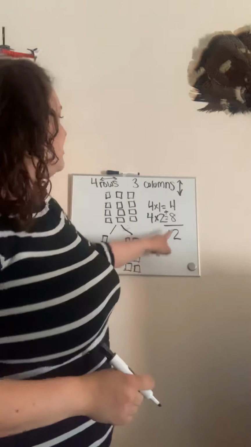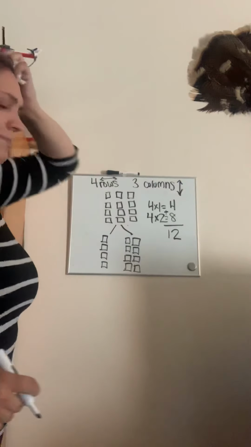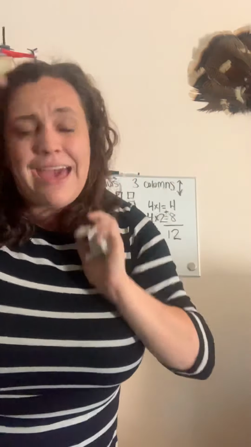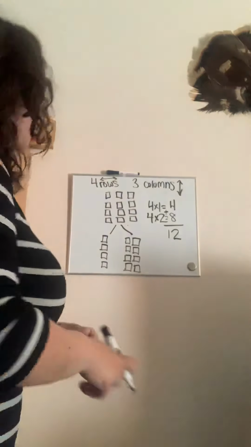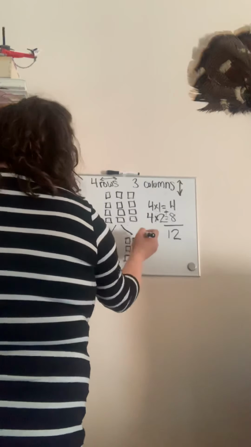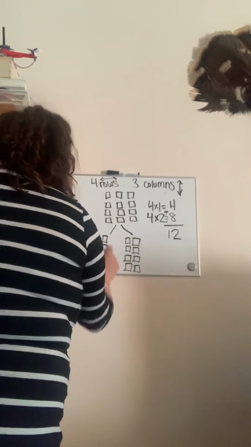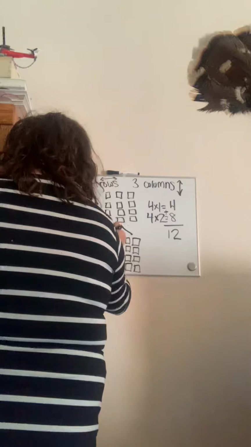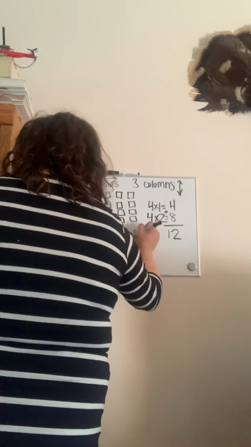So I'm able to manipulate this. But I want you to pay attention to something, okay? It's an important piece. When I broke it down into 1 column and 2 columns, I want you to think about how many columns are there altogether. I didn't add any columns.